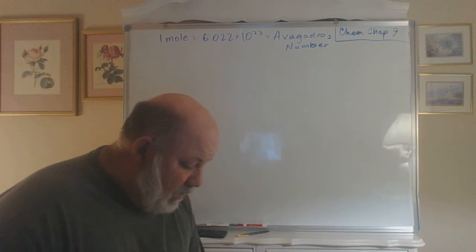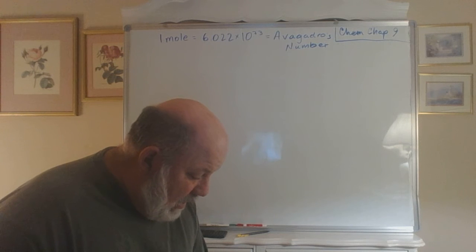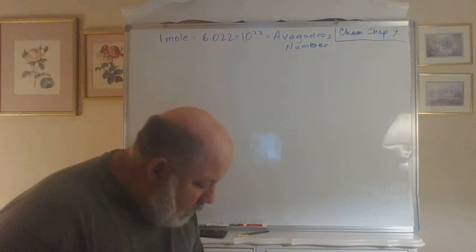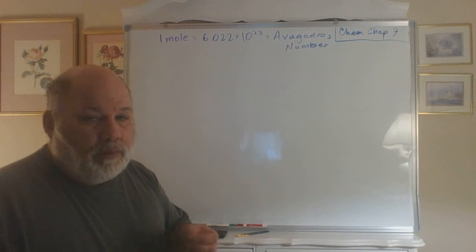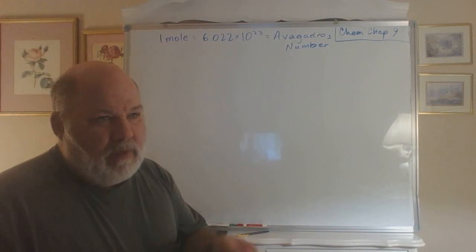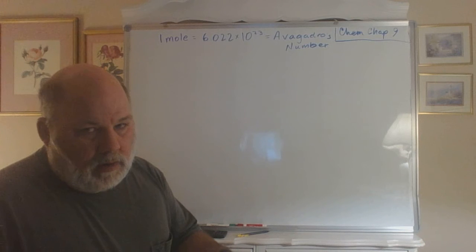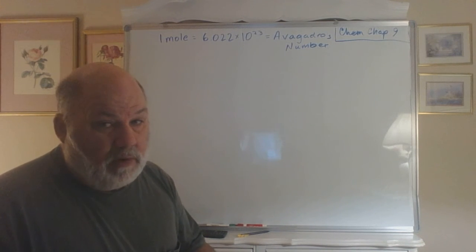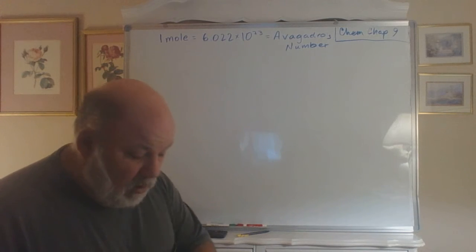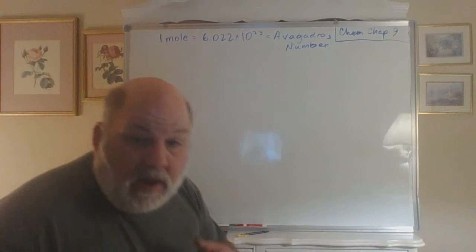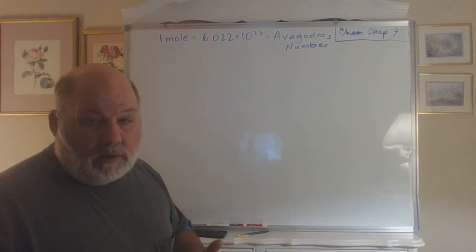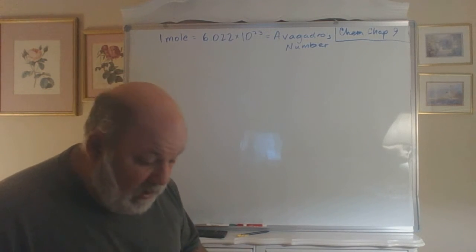I'm looking in the back of the book at the periodic table, and I see that hydrogen has 1.008. 1.008 is the mass of 1 mole of hydrogen atoms. So 1.008 grams is what it is. All of these are in grams. I look at oxygen. 1 mole of oxygen atoms will be 16 grams.